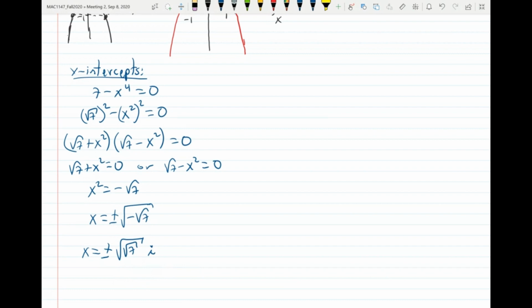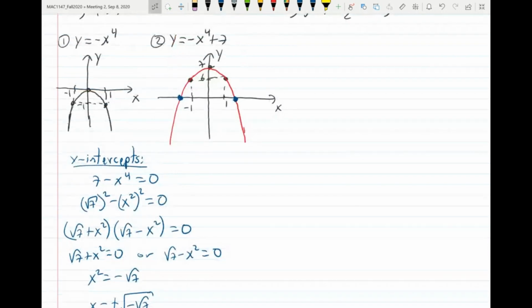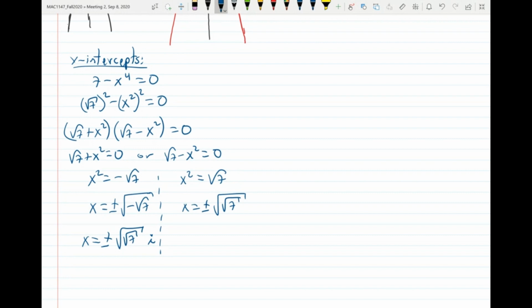But notice that we don't care about those because those are imaginary numbers and we only see two intercepts in the picture. Of course, those two intercepts are coming from the other equation because those are the real solutions. So let's solve that. We get that x is going to be plus or minus the square root of the square root of 7. So those are our two intercepts.